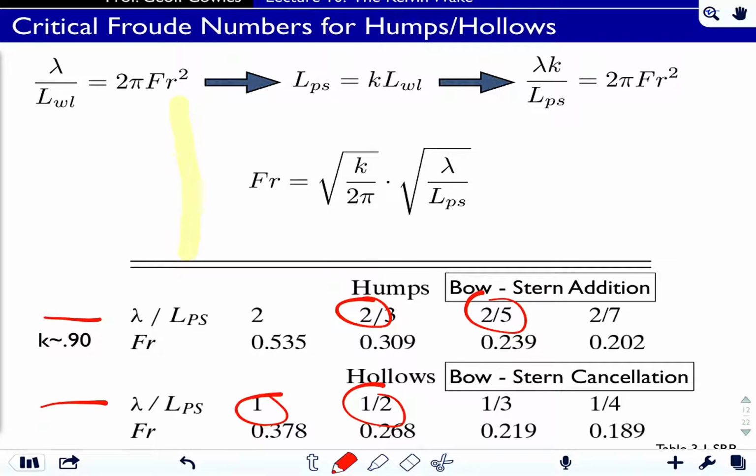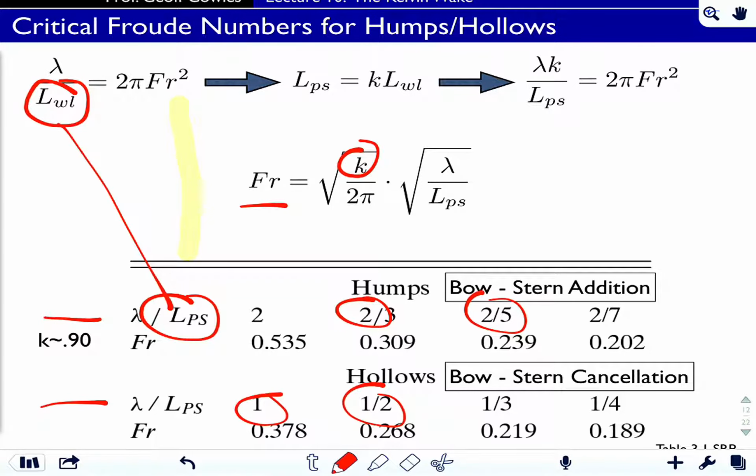Now, what's the Froude number associated with those particular locations? Well, it depends on K, because the Froude number is always connected with the true water line length. But to get these humps and hollows, it's related to LPS, and LPS is related to the water line length via K. So it's going to bring K into the equation.